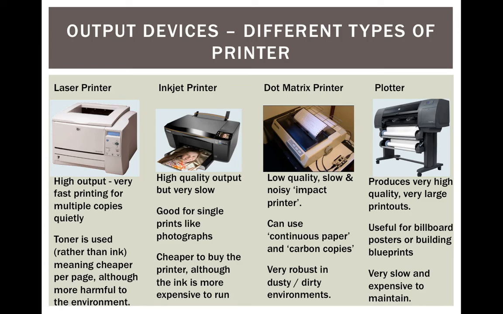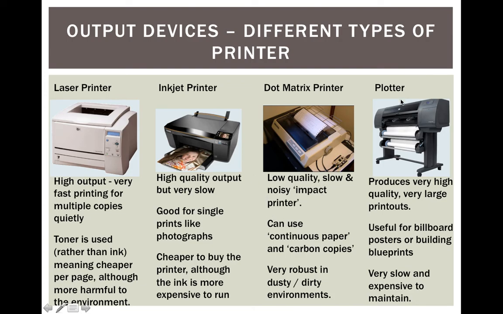So if you're working in a garage or in a building site or a factory, and you just need to be able to produce simple printouts like orders or receipts or labels to go on a specific delivery box or whatever else, the dot matrix printer is fine for those needs. Doesn't have to be high quality output, and they're far more robust. They're not going to break as easily as the inkjet or the laserjet if they were to be bashed or damaged or to get dust inside them.